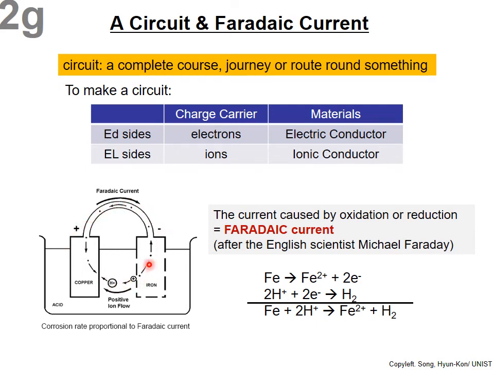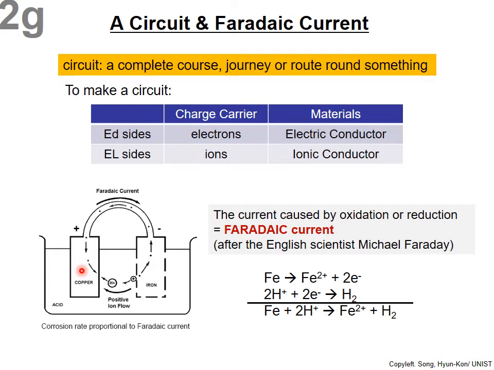So this circuit consists of two parts or two pathways. The first pathway is found on the electrode side. The electrode side indicates two electrodes and the metal wire. Those are the electrode side. This is the electric pathway.